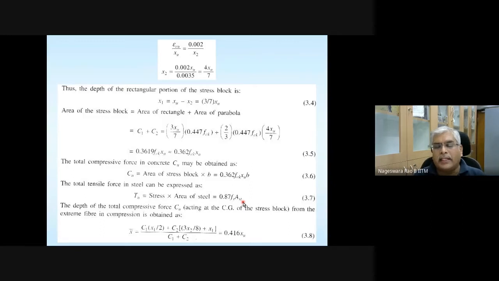And now, where is the centroid, or where is the resultant compressive force going to act from the top fiber?